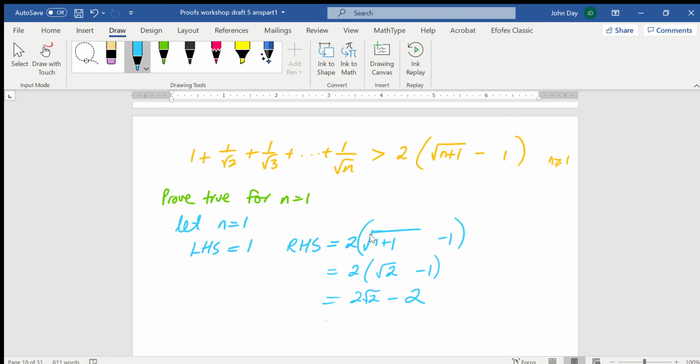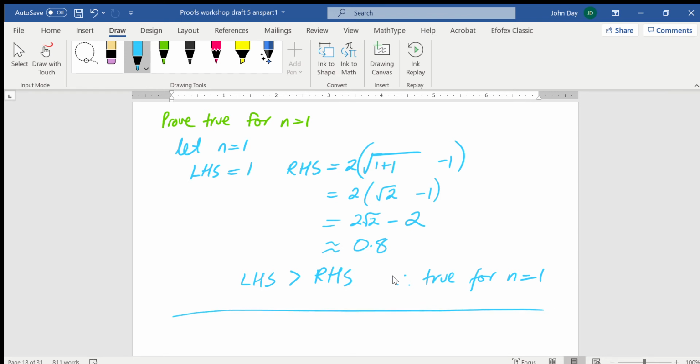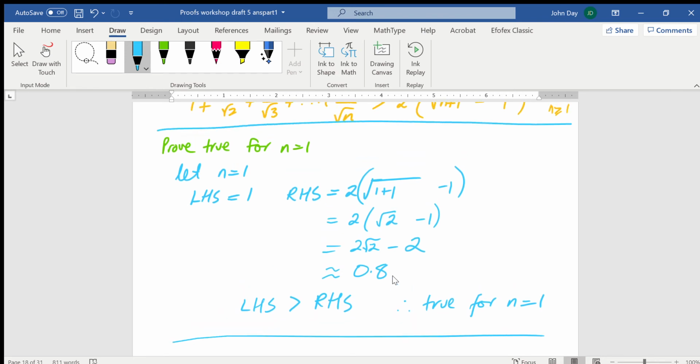So it's approximately 0.8, right? But therefore, the left-hand side is bigger than the right-hand side. So true for n equals 1, the base case. So that's the first thing that we might want to do, prove that first case.